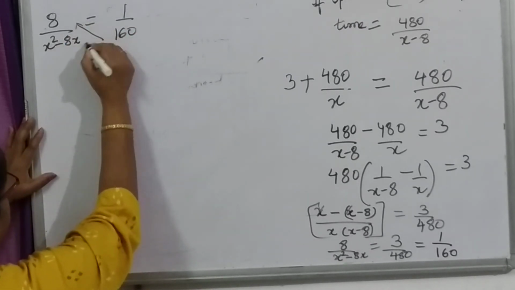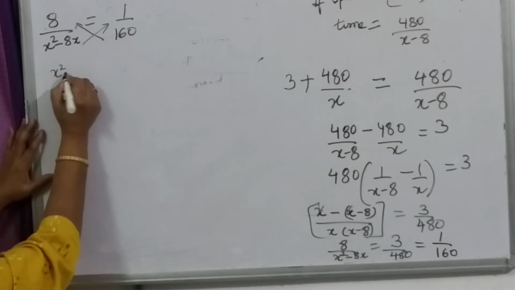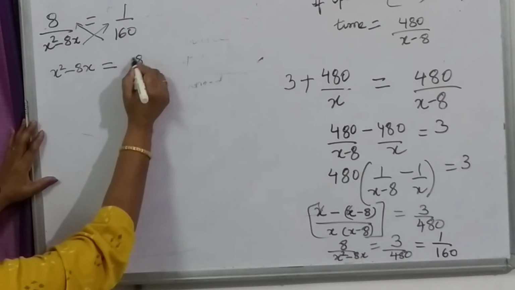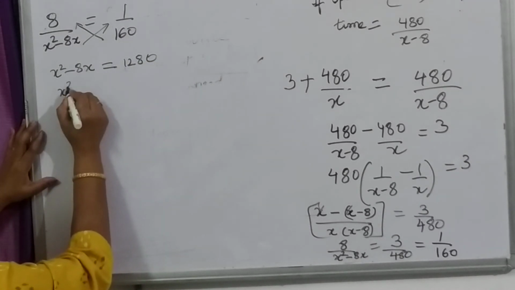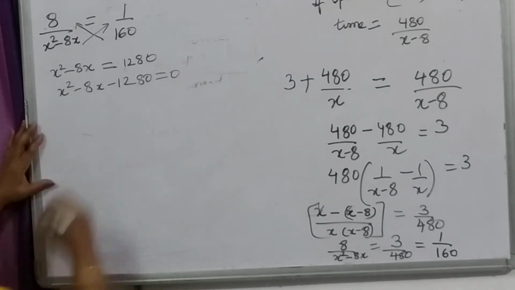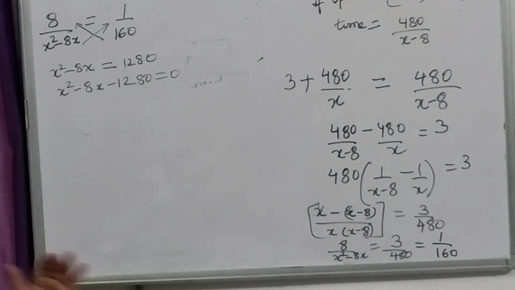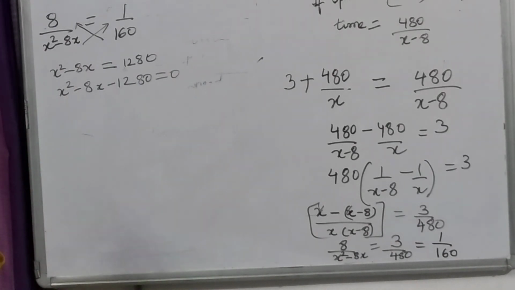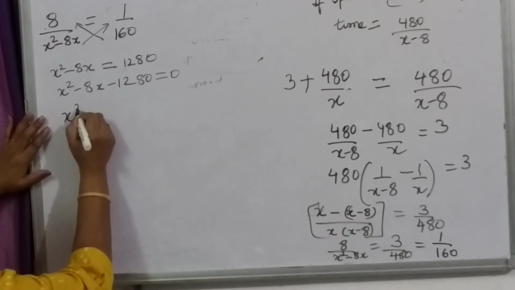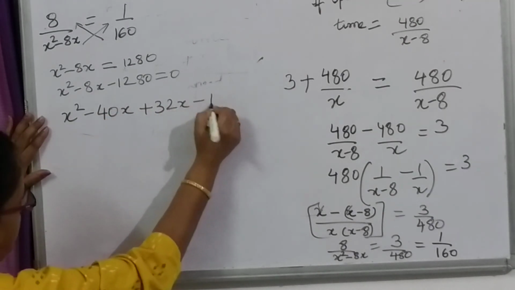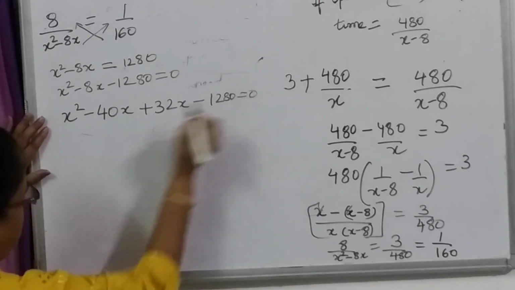Now cross multiply. What will I get? x square minus 8x is equal to, what is 16 8s? 128. x square minus 8x minus 1280 is equal to 0. Now you have to split the middle term. What is our middle term? 8x. When you split this middle term, you get x square minus 40x plus 32x minus 1280 is equal to 0.